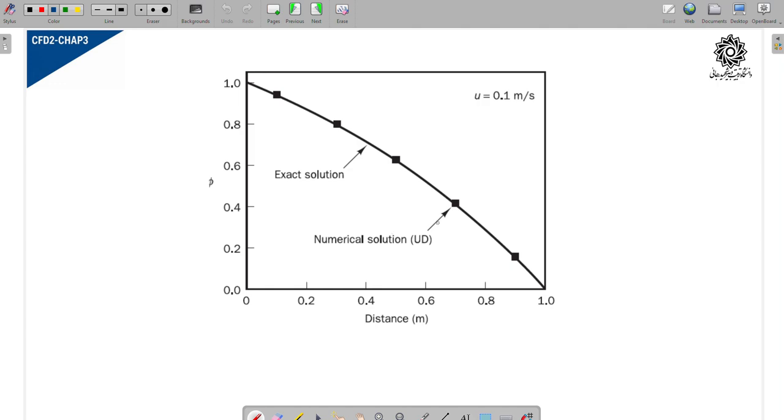This is a comparison between the analytical exact solution and the numerical solution using the upwind scheme.